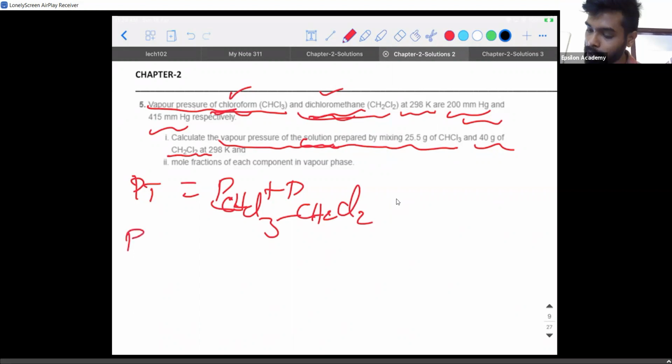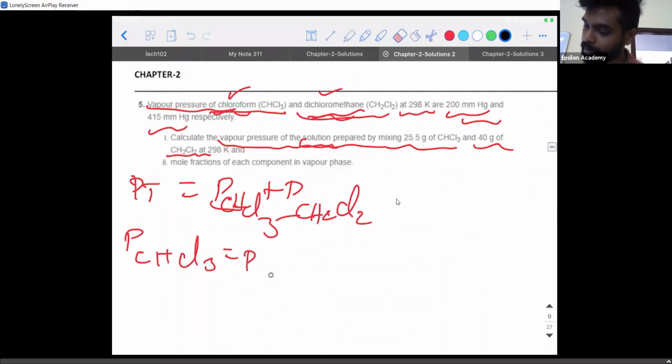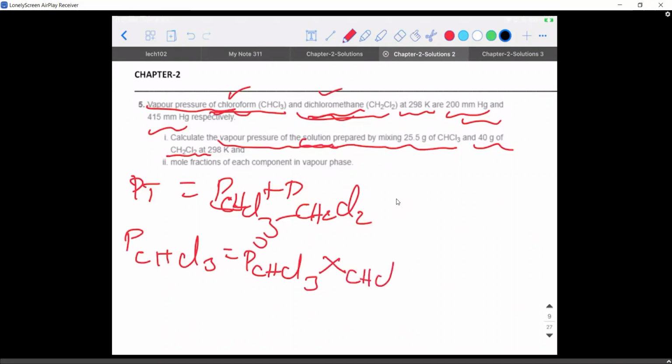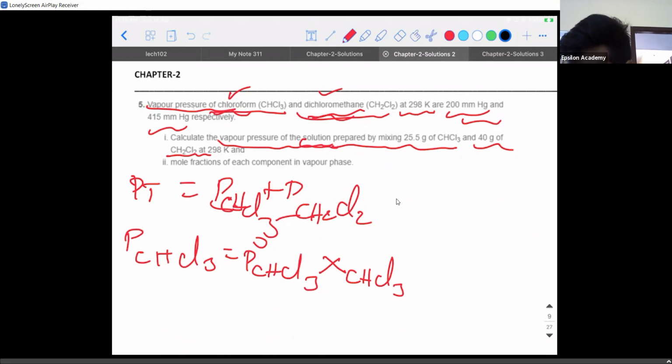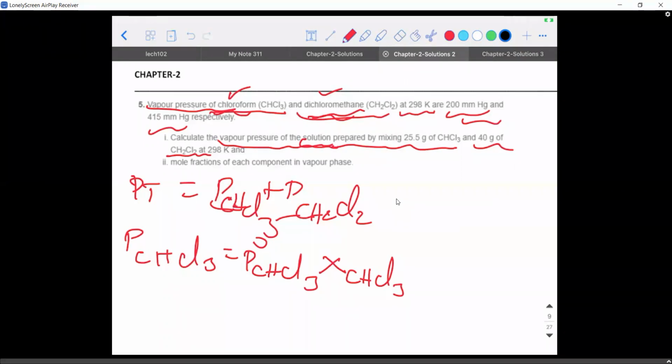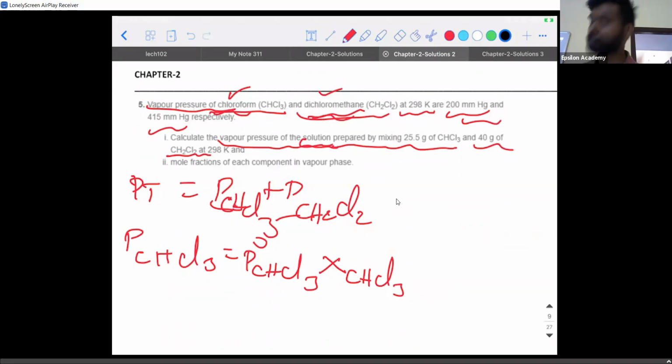So I know P of CHCl3 will be equal to, again, a mistake, P naught of CHCl3 into X of CHCl3. Doubts? Okay, fine. So X of CHCl3.